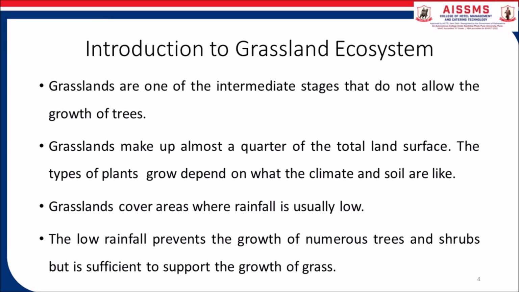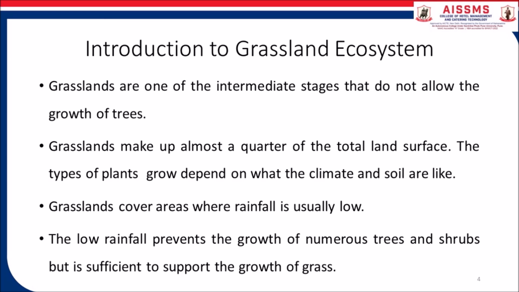Grasslands are one of the intermediate stages in ecological succession and cover a part of land on all the altitudes and latitudes at which climatic and soil conditions do not allow the growth of trees. Grassland makes up almost a quarter of the total land surface.